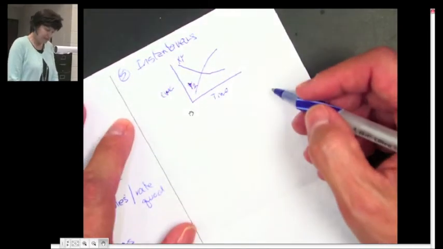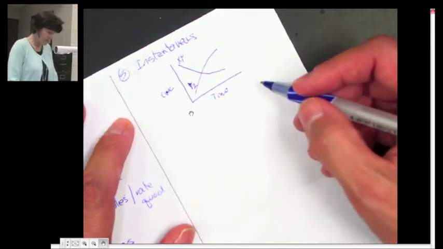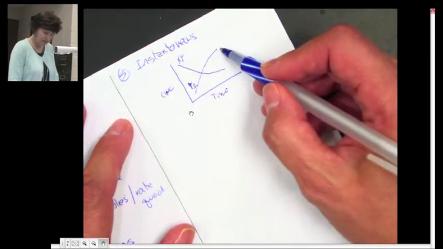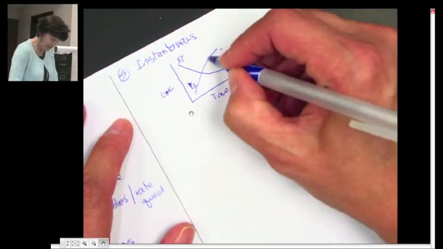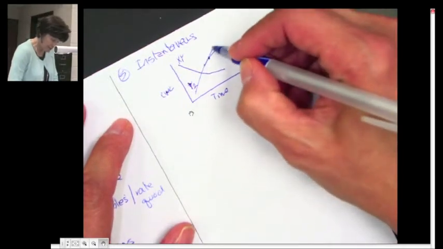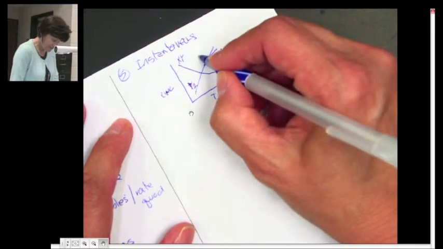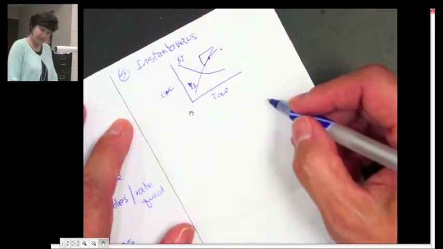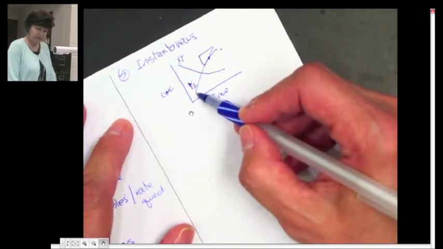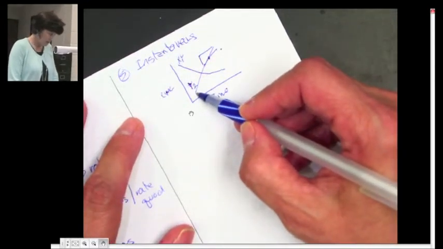And if we wanted to get an instantaneous rate, say, of the appearance of a product, we could take any point on that line and draw a tangent to that line and figure the rise over the run at that point, and that would give us the instantaneous rate of the appearance of a product.